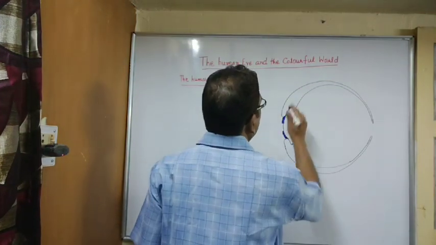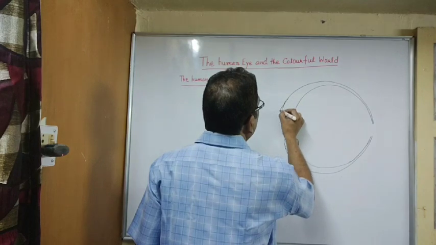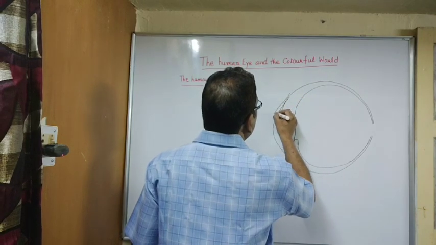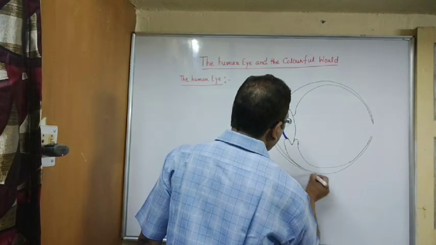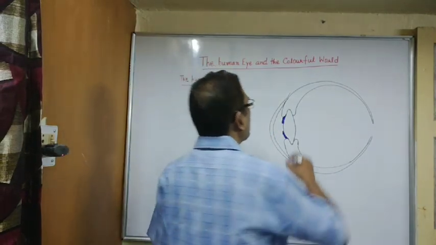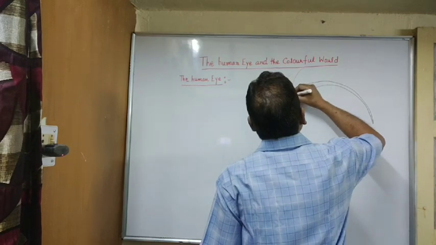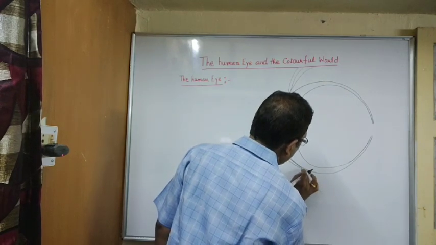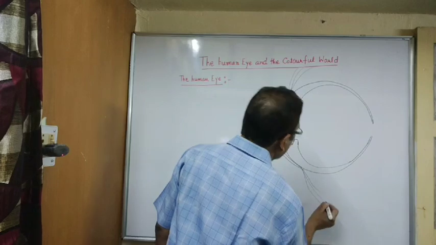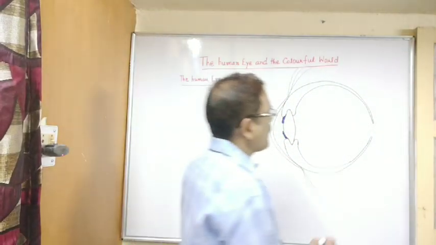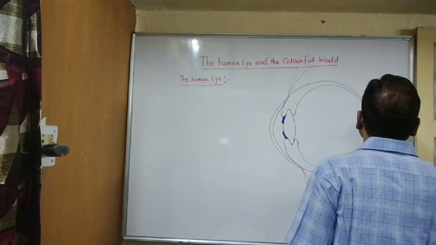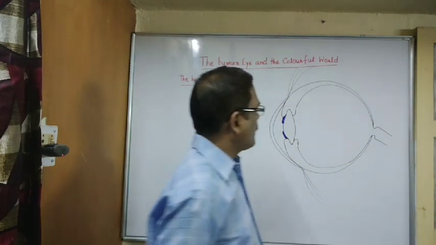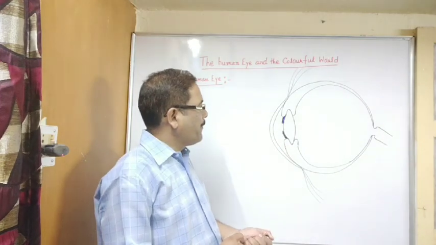Now the outermost portion of the eye is known as the cornea. So roughly we have drawn the diagram of the human eye.